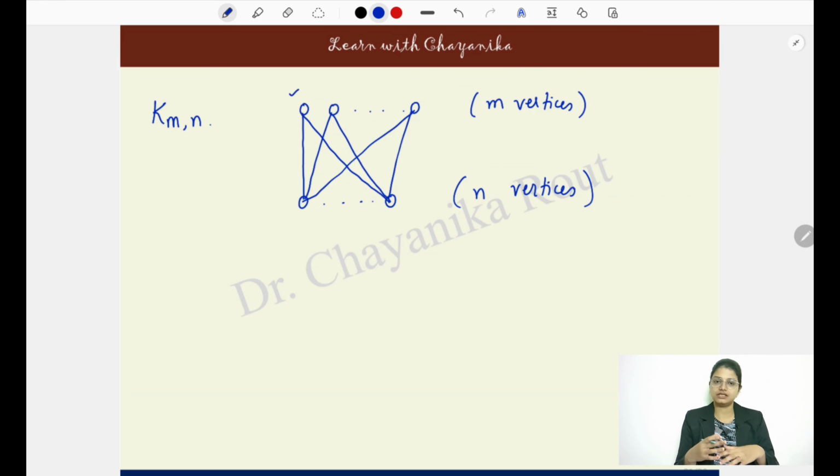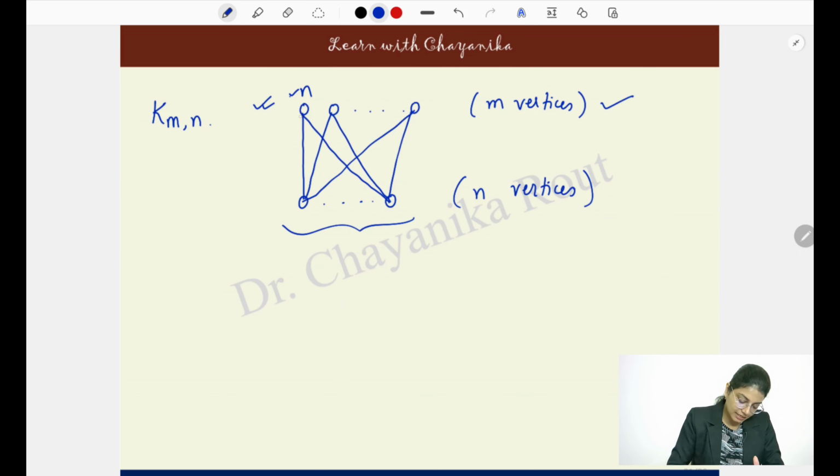Dot dot dot means there are many more vertices I have not drawn. So you will see every vertex of this partite set is adjacent to all the vertices of the other partite set which contains n elements. So the degree of every vertex in this set is n. This vertex is adjacent to n vertices below. This vertex is also adjacent to n vertices below, so its degree is also n. So all the vertices will have degree n.